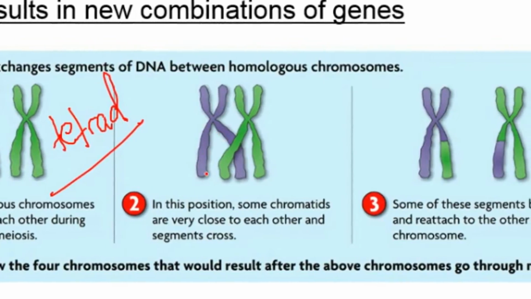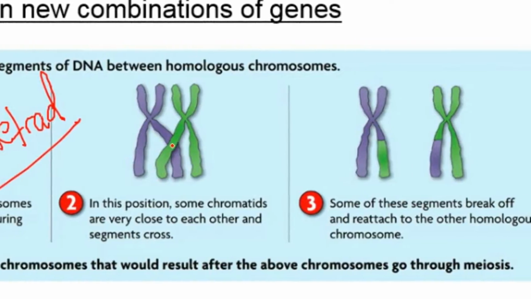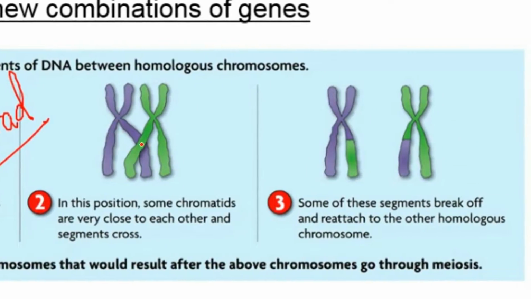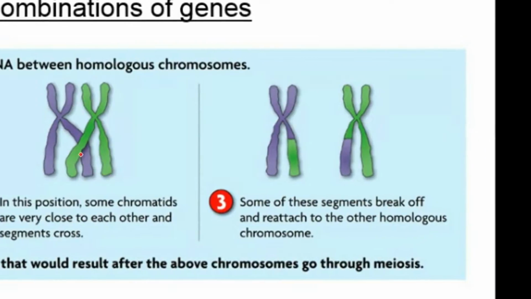Now, during Prophase I, in Meiosis I, these can slightly entangle each other that you see pictured here. And what results then is an actual swapping out of those segments of chromosomes so that then in the end result, you have a recombination and reattachment of these homologous chromosomes.